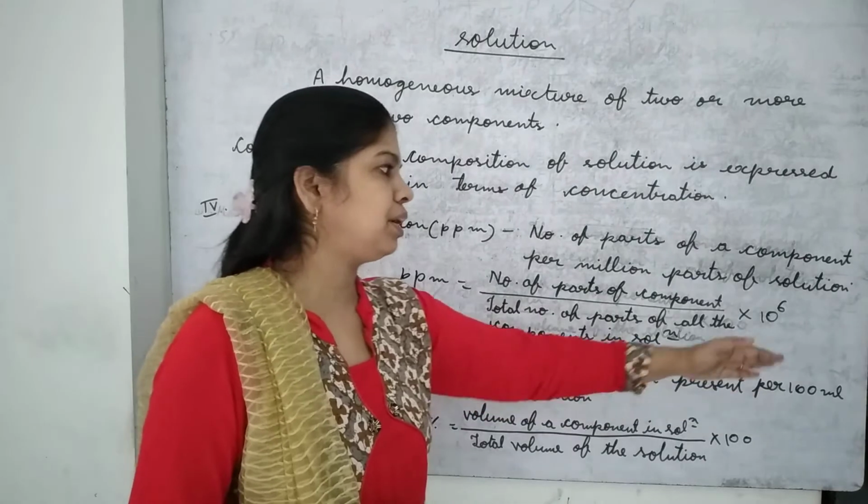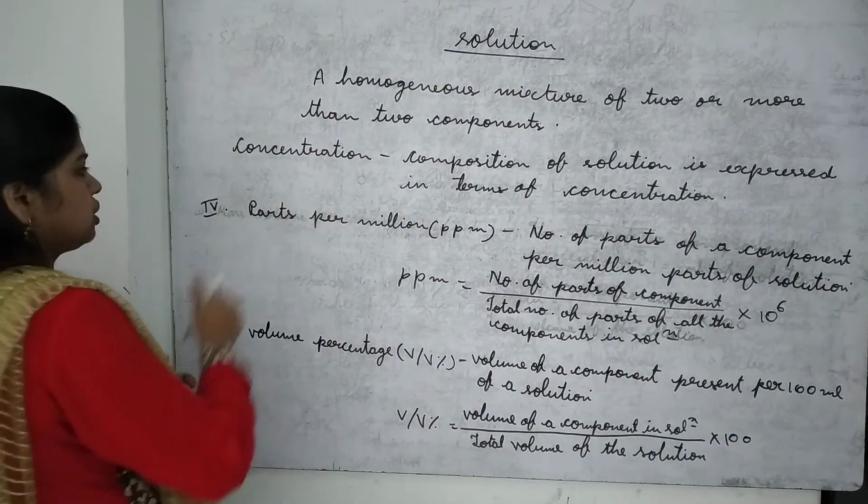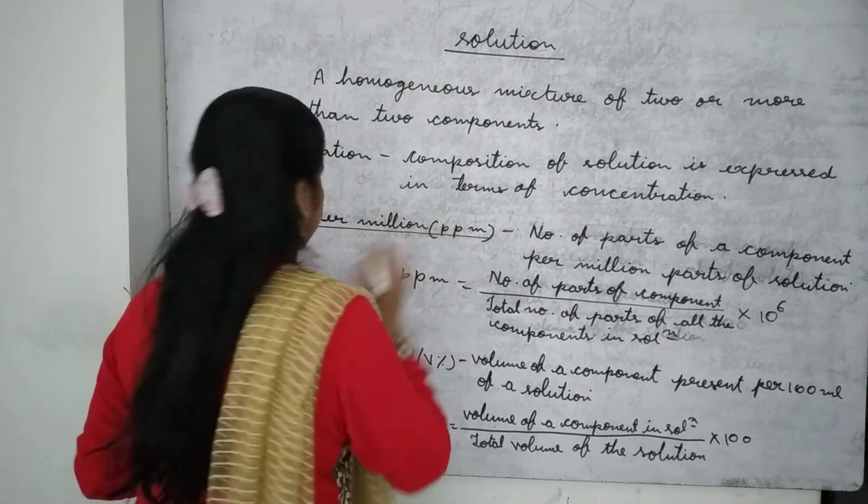That is why it is multiplied with 10 to the power 6. So this is about parts per million.